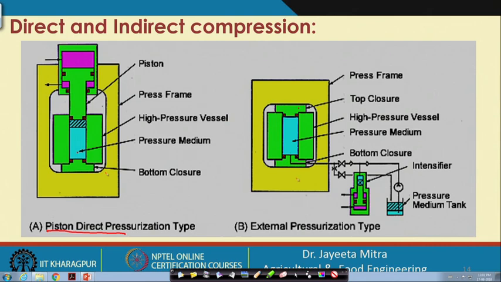However, in indirect pressurization we have the high pressure vessel, top and bottom closure, a separate pressure medium tank, and an intensifier externally. The pressurized liquid is filled in, and then the pressure is increased indirectly by the intensifier. Mostly this system is used in laboratory scale or batch food processing equipment.